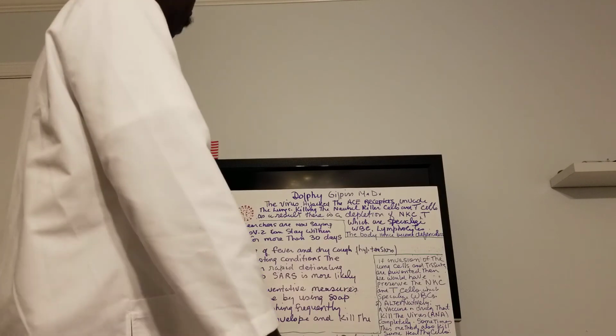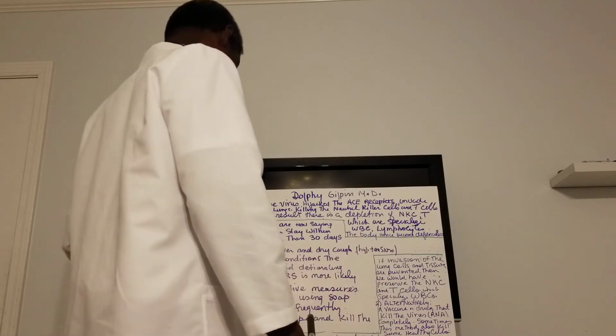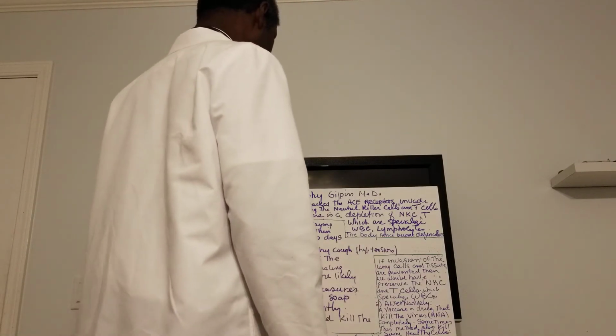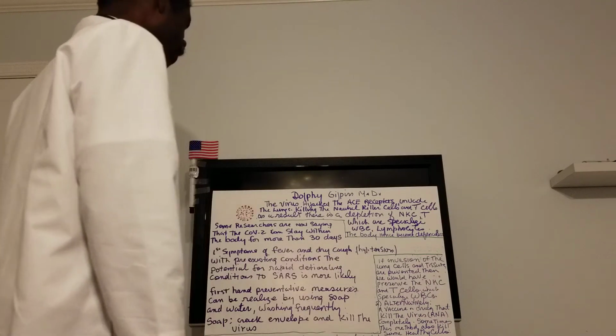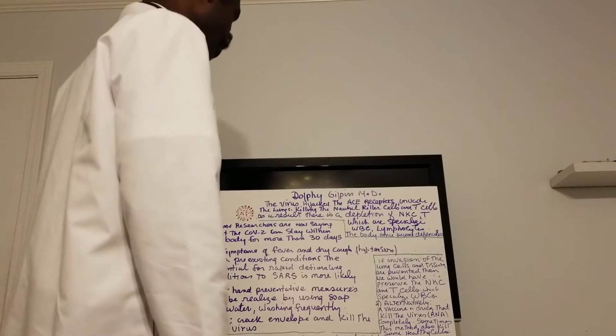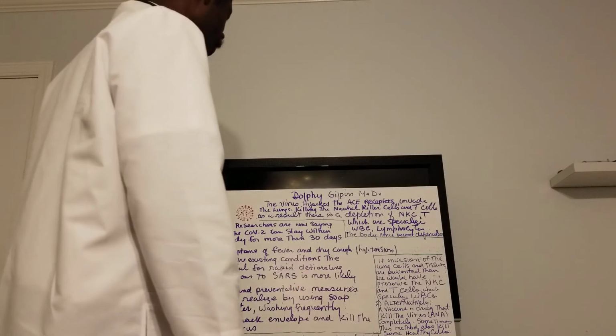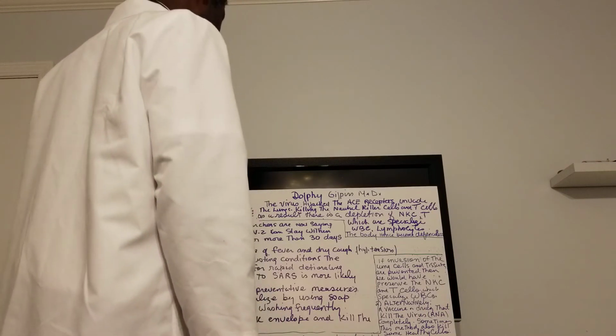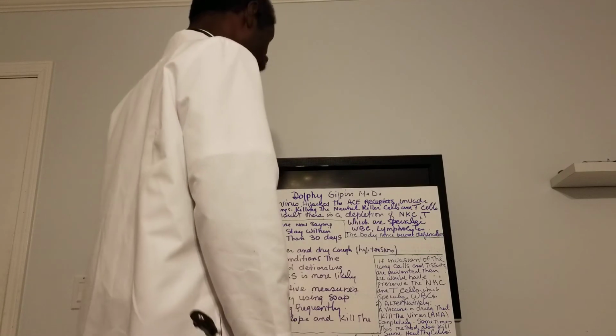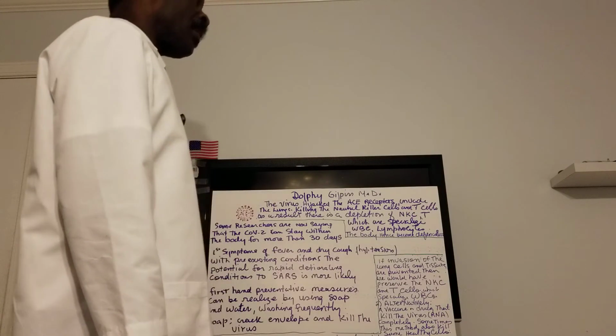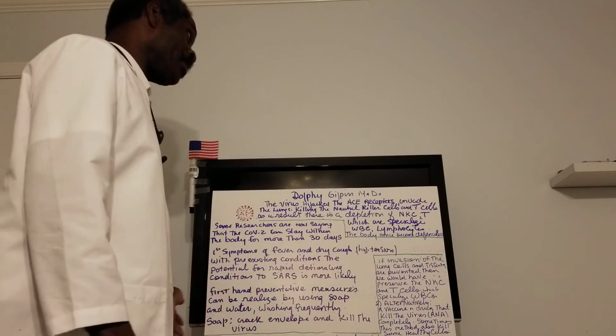What the soap does is crack the envelope of the virus and kill it, so this is very effective if we wash quite often. However, if the virus does infect and enter the cells and the lungs, as it's known to attack the lungs, then the preventative measure is breached or compromised, and it's no longer effective.